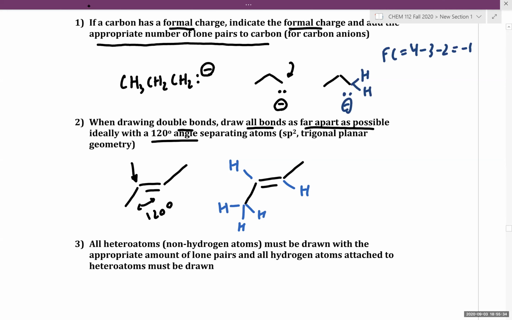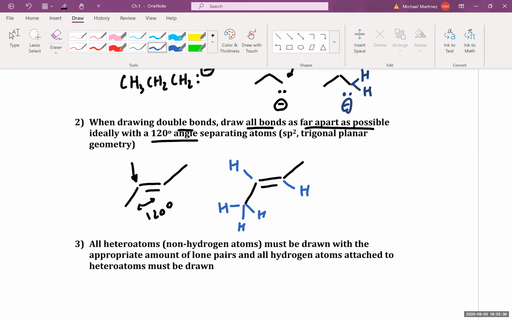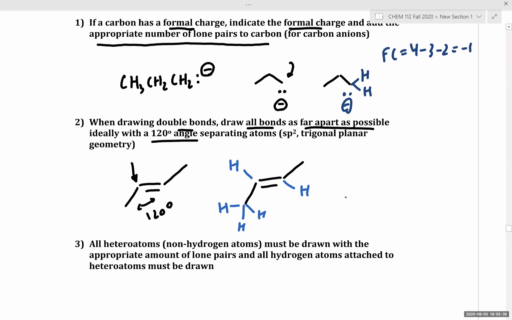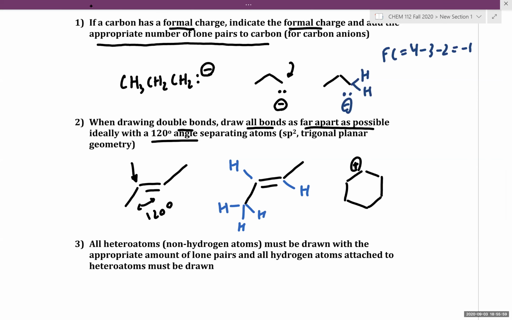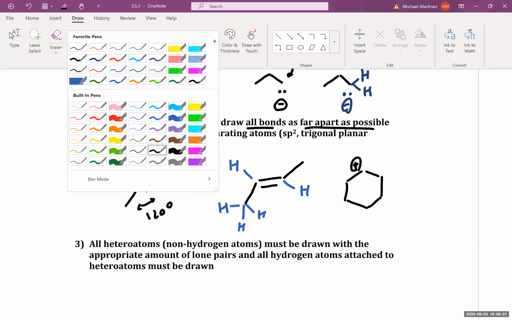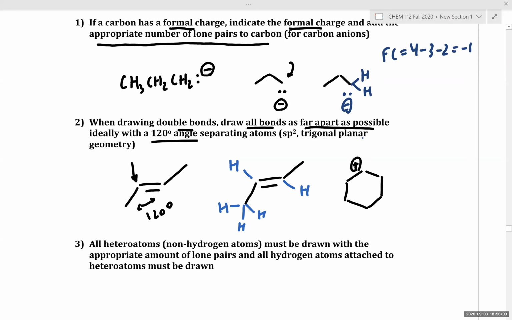The same idea in terms of geometry also applies when we are dealing with cations. So for example, the following cationic species, we try to draw the bond angle to as closely represent a 120-degree bond angle. So for this cation here, how many hydrogens do I need to add?